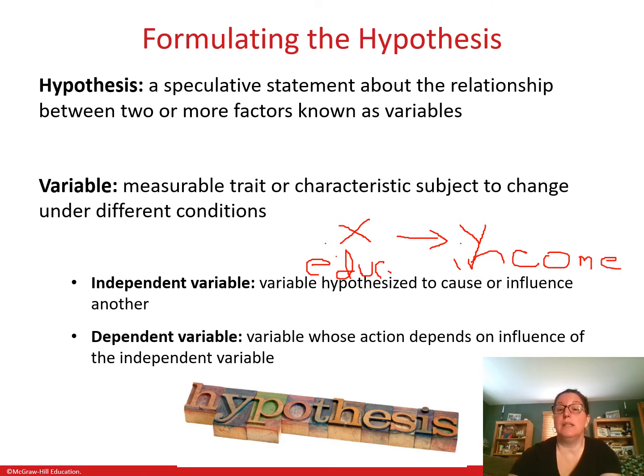I want to see, is there a correlation or relationship between a person's educational level and the amount of income that they make? There are different ways to measure a person's income. Is it their personal income? Is it their household income? So again, we need to clarify those different things.